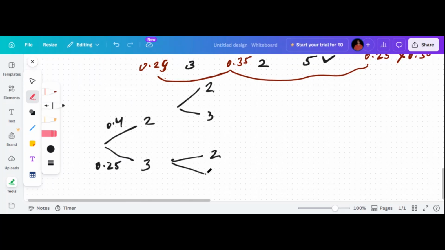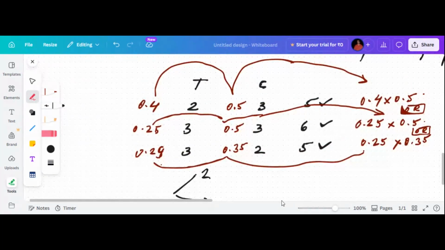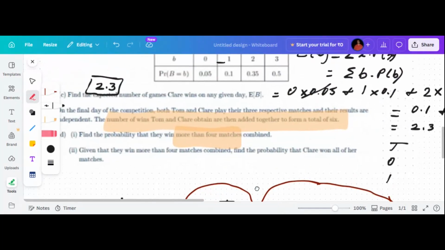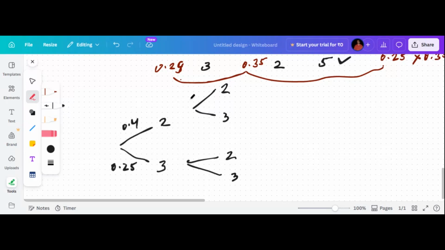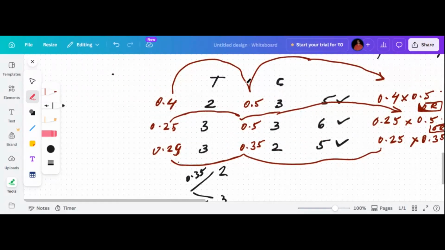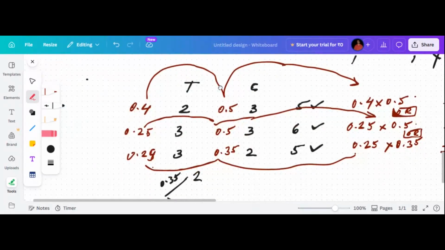The probability of Claire winning two is 0.35, as given in the table here, and winning three is 0.5. Again 0.35, and 0.5.